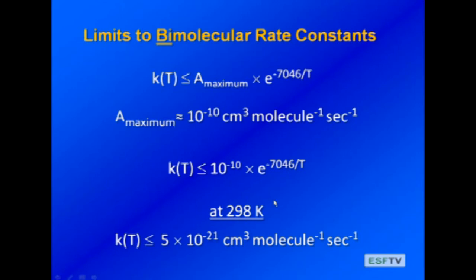Now, the highest rate constants we see are about 10 to the minus 10 cubic centimeters per molecule second. So this rate constant is more than a factor of 10 to the 10 smaller than the maximum value. This means this reaction has a very low rate constant. It's probably unimportant, and that's because the activation energy was as high as it is, in this case 14 kilocalories per mole.